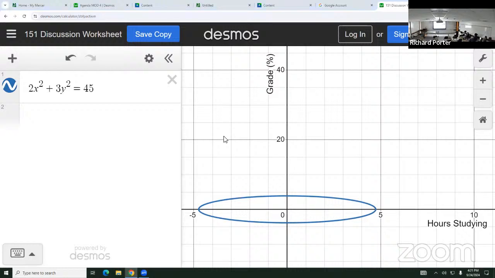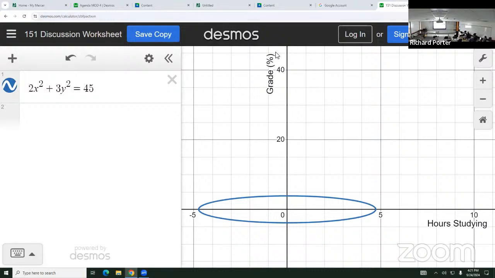So what is another word for the derivative? Slope of the tangent line.